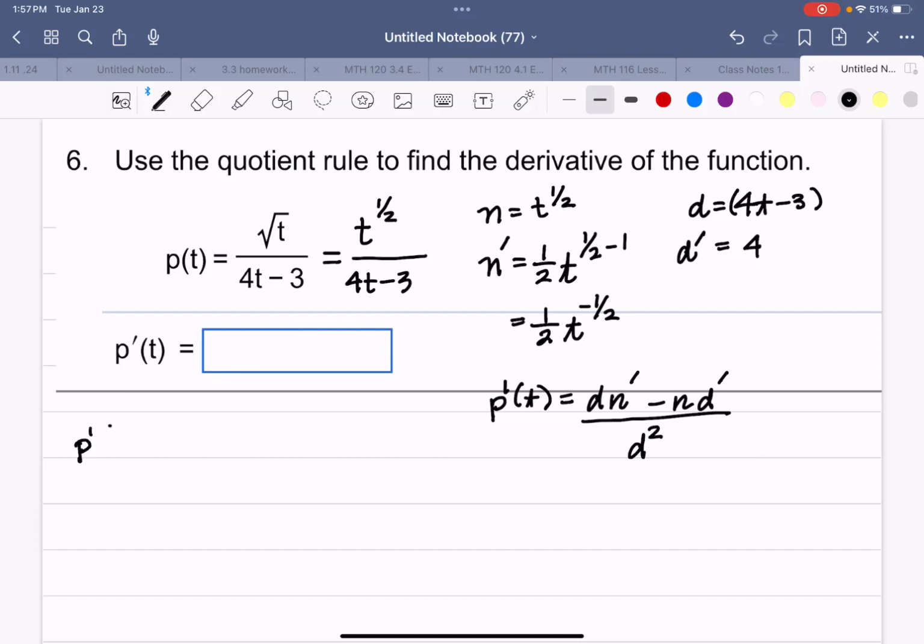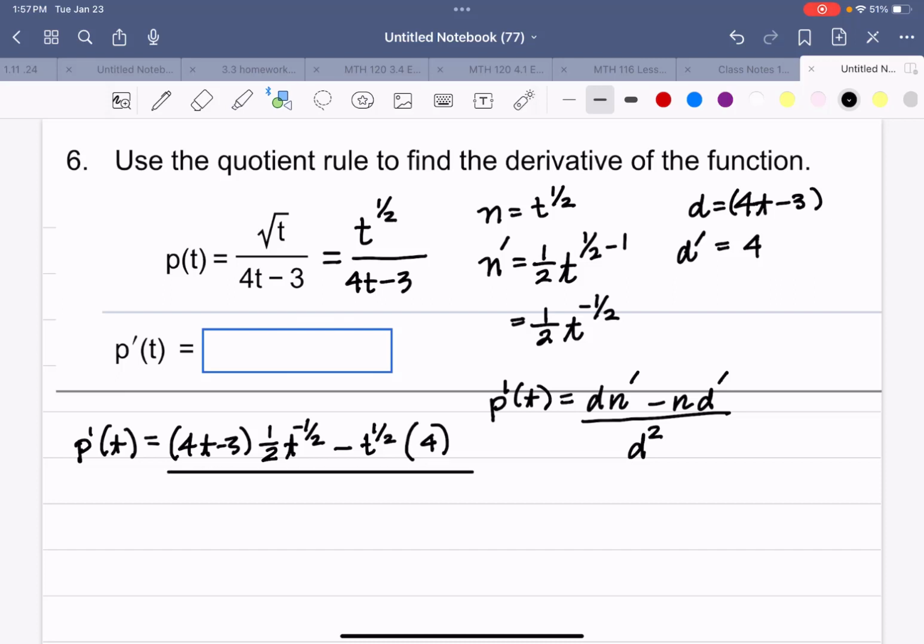So p prime of t is our denominator, 4t minus 3, times the derivative of our numerator, 1/2 t to the negative 1/2, minus our numerator, t to the 1/2, times the derivative of the denominator, which is 4. All of that is over 4t minus 3 squared. That's your half credit answer.